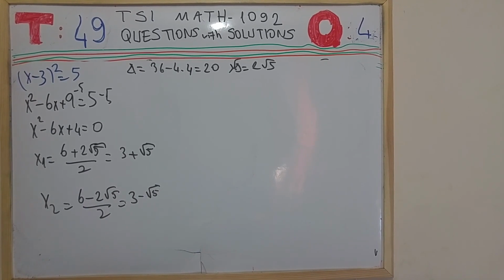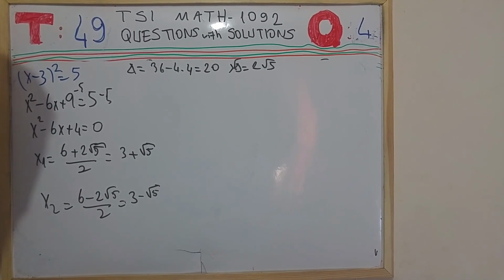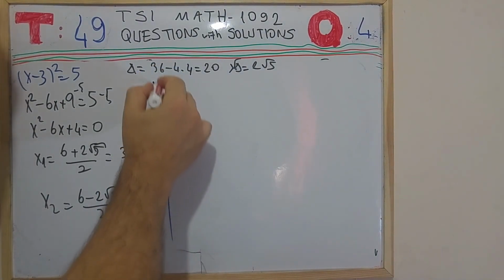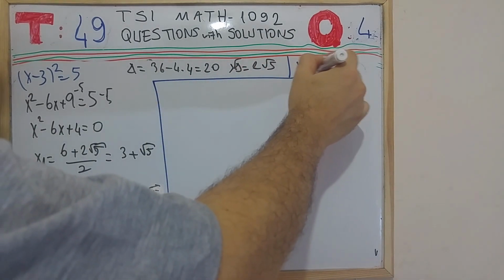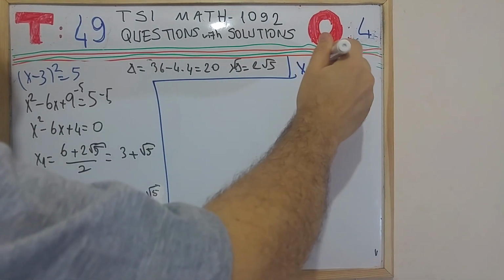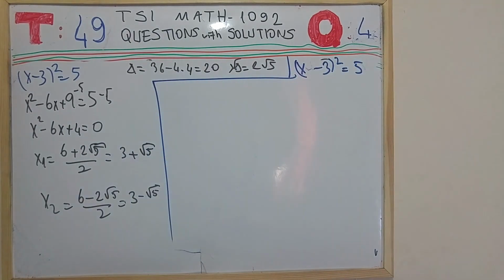Now I'd like to show you the second way. It's going to use a little bit more mind than anticipated. Let me write down the question once more so everything will be clear. This was the first way, okay? Now x minus 3 squared is equal to 5.